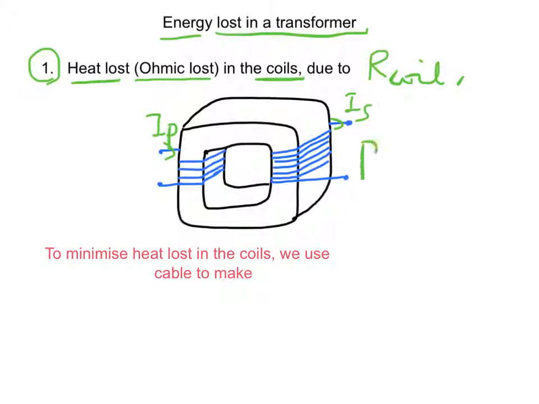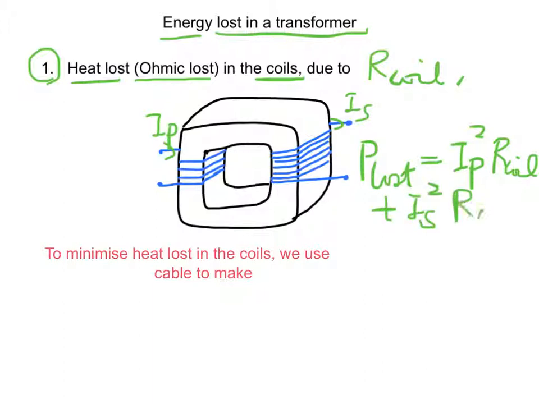We have power loss as heat equal to Ip squared times the resistance of the coil plus Is squared times the resistance of the coil.